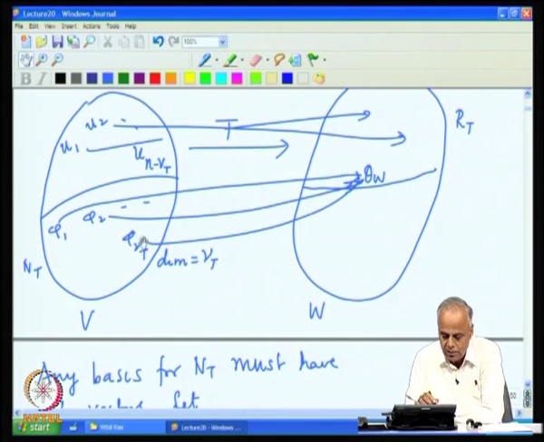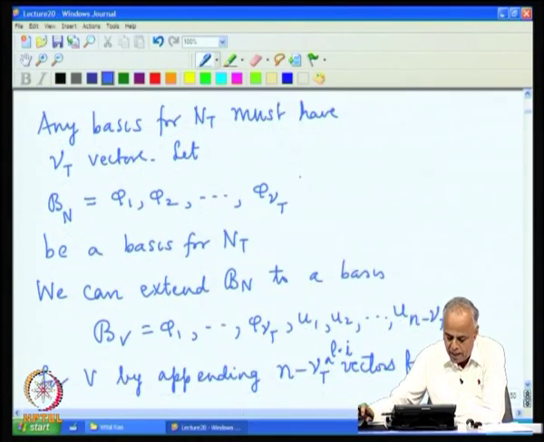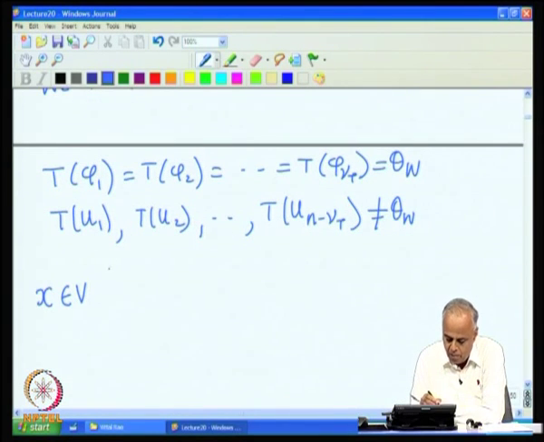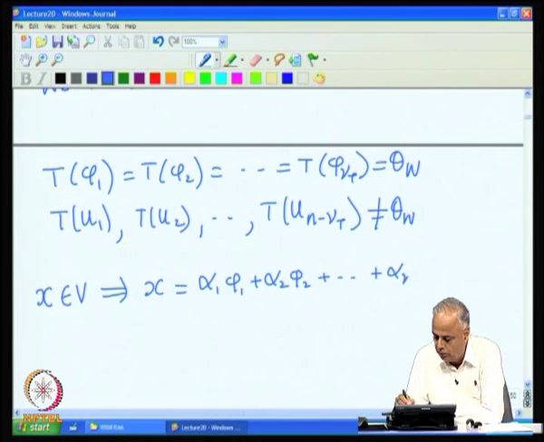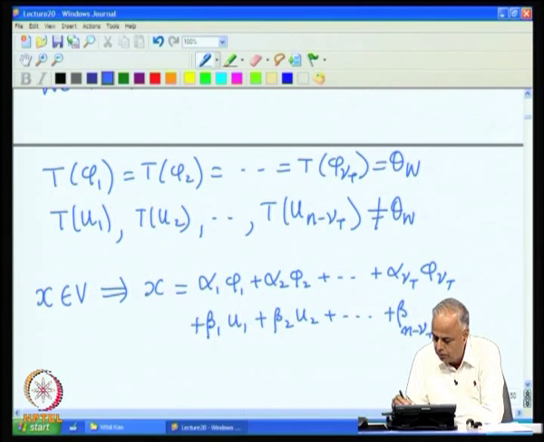Now, we have a basis consisting of these phi's and u's, and therefore, we must be able to write x as a linear combination of the basis vectors, namely alpha 1 phi 1, alpha 2 phi 2 plus alpha nu t phi nu t, plus those combinations which will involve the u vectors also, beta 1 u 1, beta 2 u 2 plus etcetera beta n minus nu t u n minus nu t.